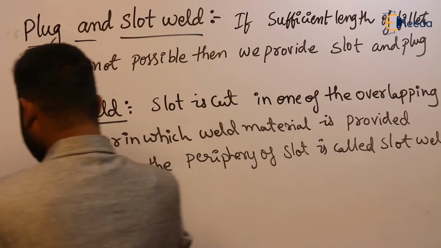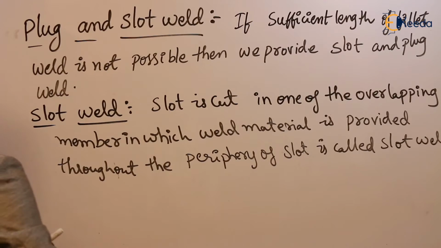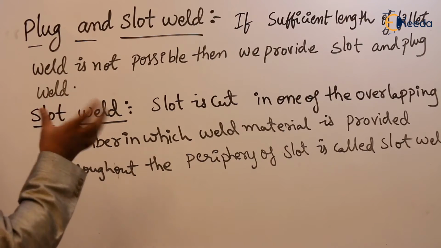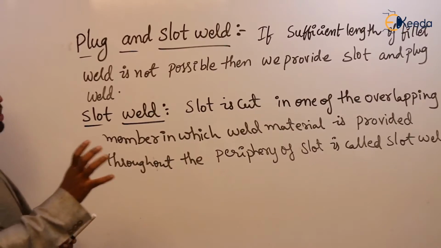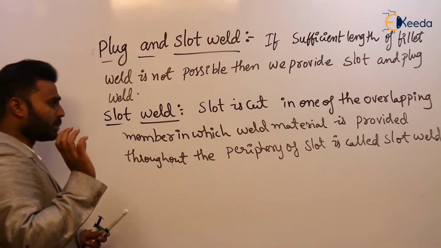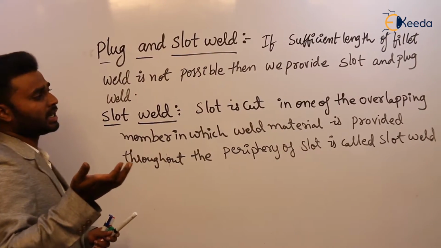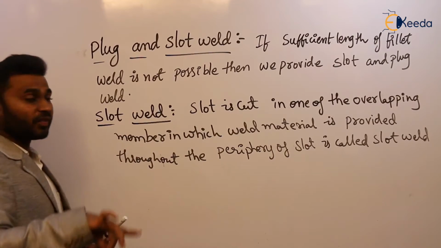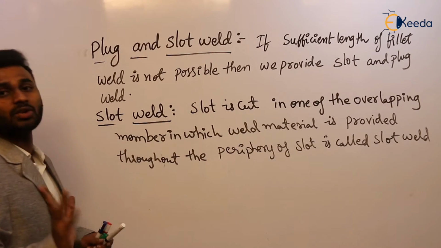It means, with the diagram I'm going to explain. So slot weld is nothing but, first of all, slot is nothing but a cut. So slot is a cut in one of the overlapping members in which weld material is provided throughout the periphery or circumference of the slot is known as slot weld.